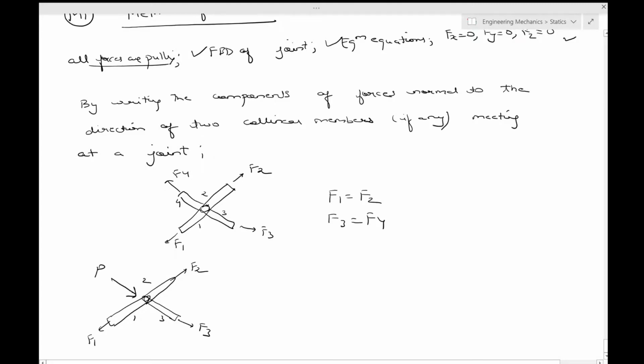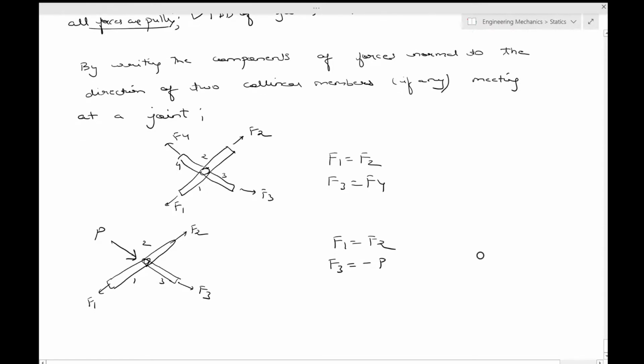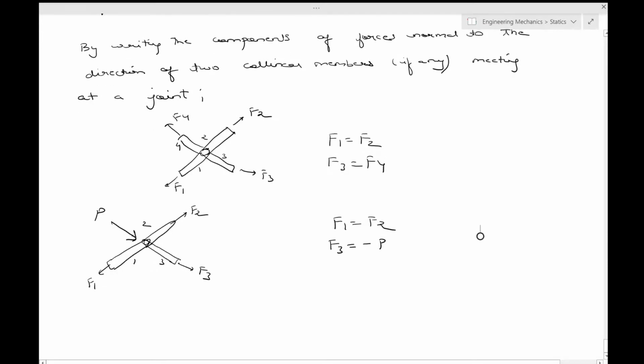In this case, the forces in the collinear members are equal, and the magnitude of the force in the third member is the magnitude of P. So F1 is equal to F2 and F3 will be equal to minus P. The magnitude will be the same, the direction depending on what is required.